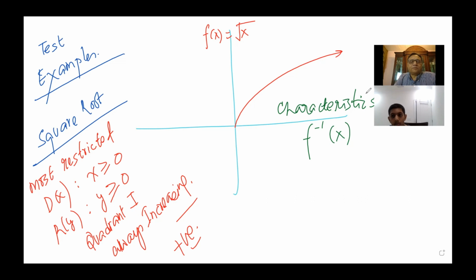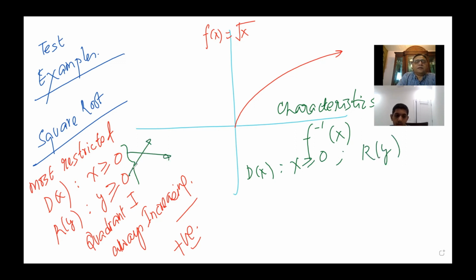It won't be restricted. However, domain and range will flip, right? So basically, your domain now will be x greater than or equal to 0. So it remains same in this case, right? And the range, even if you flip this, is greater than or equal to 0. Is that clear to you? That is first thing.